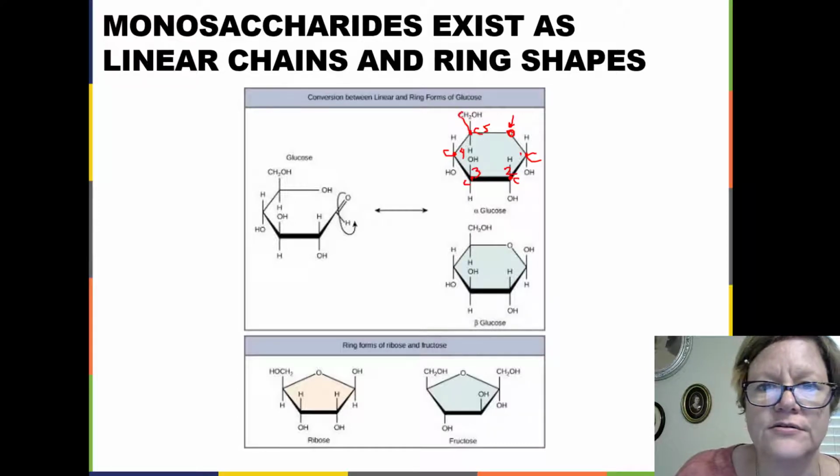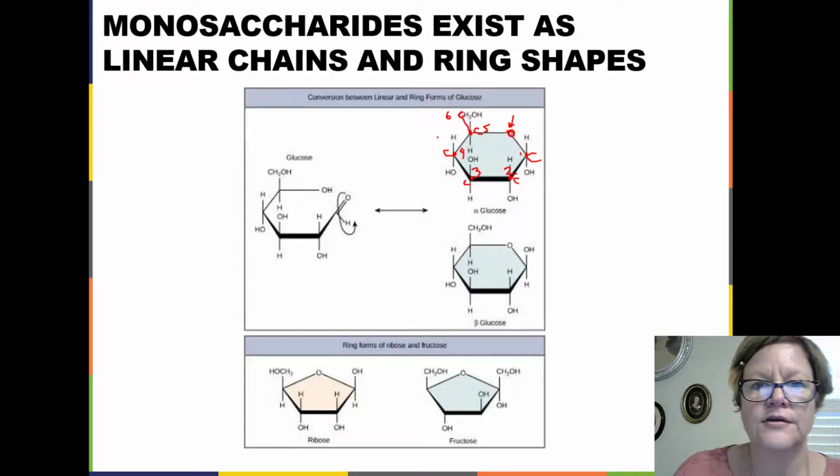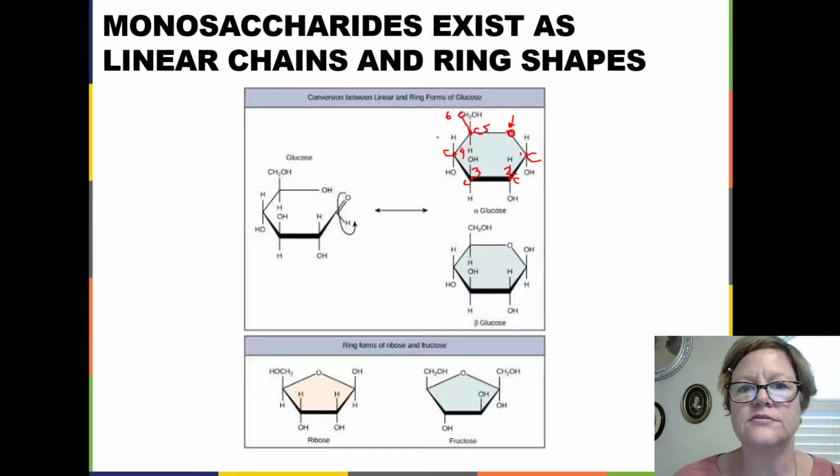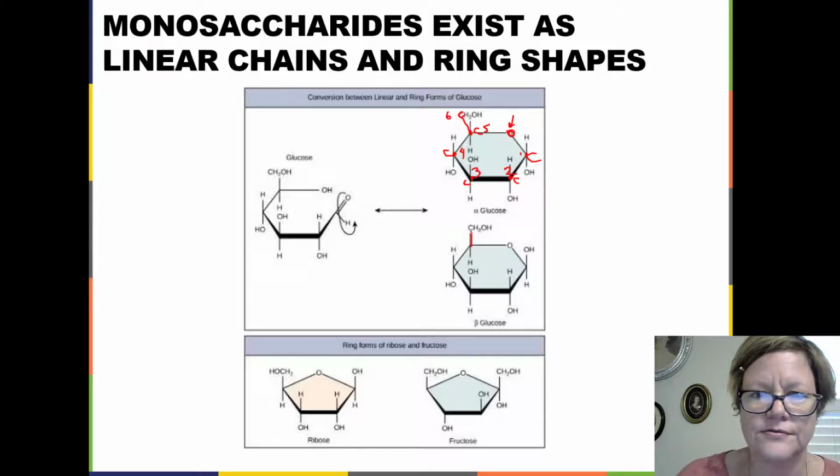This carbon here, they actually write the carbon on that one. That's the 6th carbon. So the 6th carbon is not considered part of the ring. It's kind of funny because on this drawing they did go to the carbon, so that looks better.